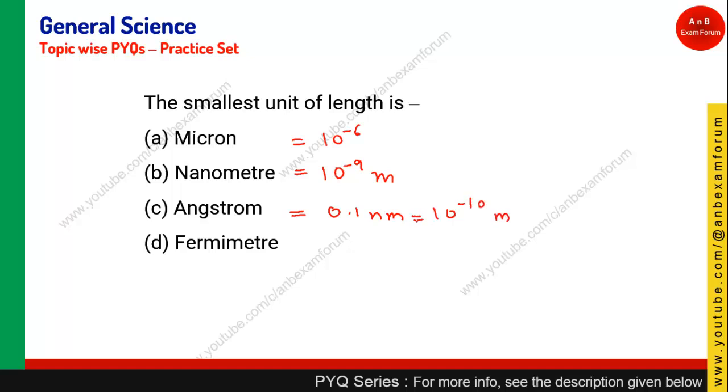And finally fermimeter, it is basically 10 power minus 15 meter. So if you see all these options, option D, fermimeter, is the smallest of all. 10 power minus 15 is the smallest of all these units. So those who have given option D, they are right.